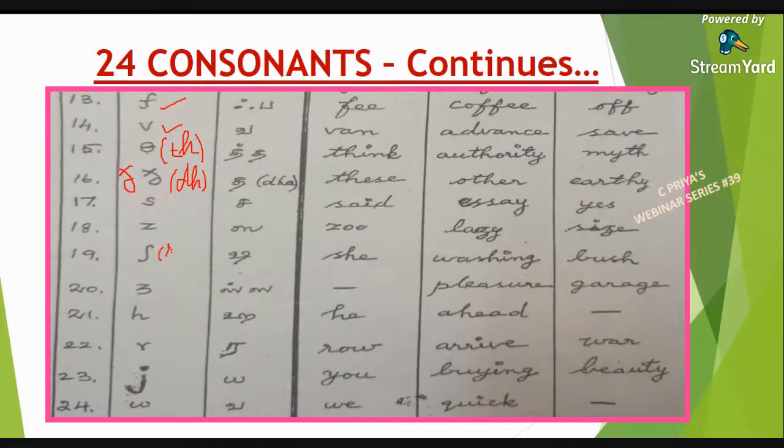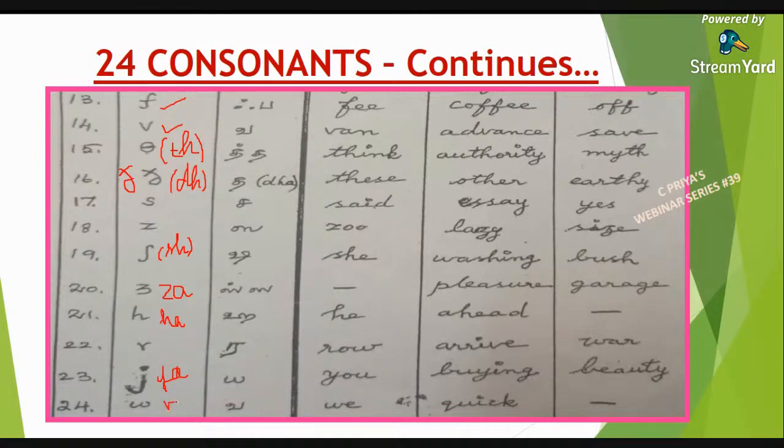Then the 19th symbol produces sh. The 20th sound produces the z sound. H produces the ha sound: he, ha, he. Sound 22 produces ra. Sound 23 produces the ya sound.